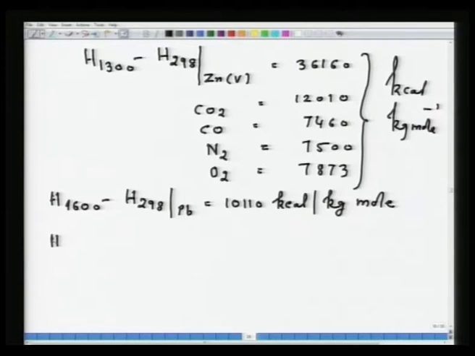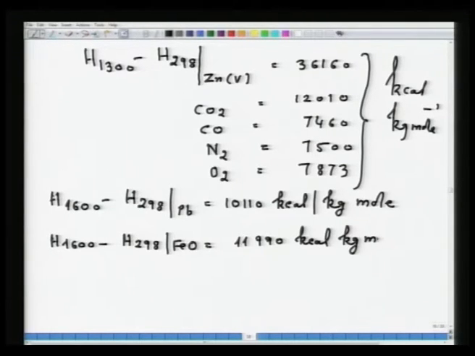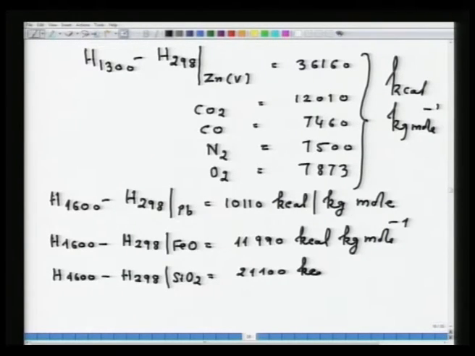Then H 1600 minus H 298 for FeO is equal to 11,990 kilocalorie per kg mole, and H 1600 minus H 298 for SiO2 will be 21,100 kilocalorie per kg mole.